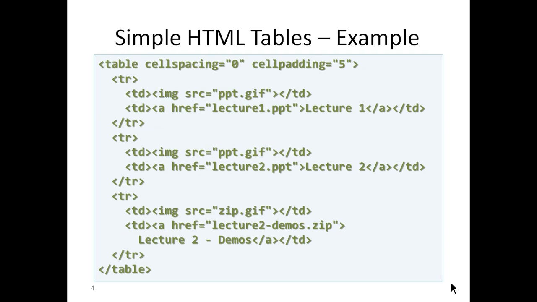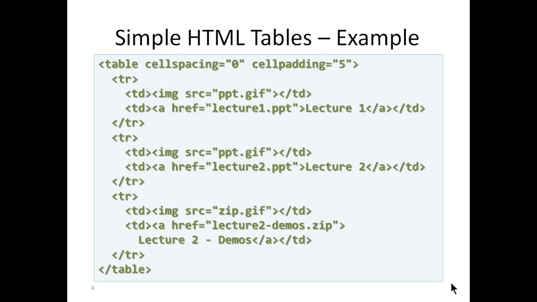Now in the second cell td, again we are creating a hyperlink. href is equal to lecture2.ppt, lecture2, a tag close, slash td means the second cell is closed, and we are closing the second row also.